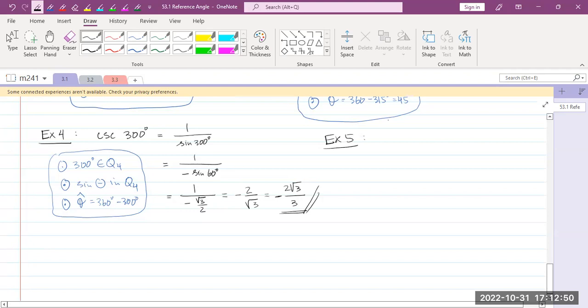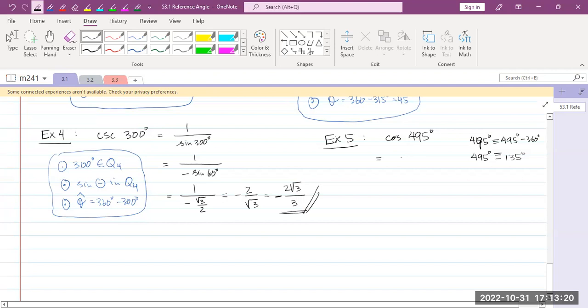How about cosine 495 degrees? Oh, this is more than 360 degrees, right? So for the coterminal angle, you subtract 360 degrees. So 495 degrees is coterminal to 135 degrees, right?